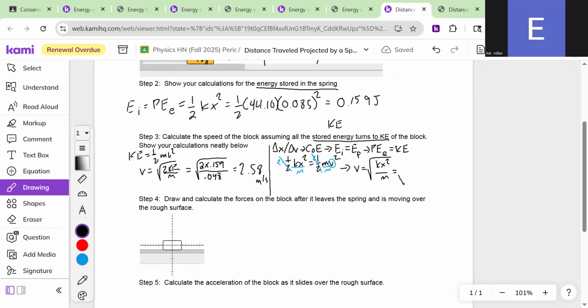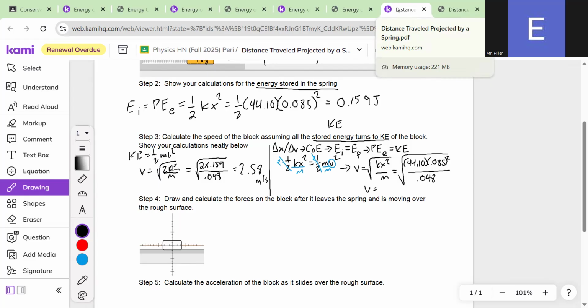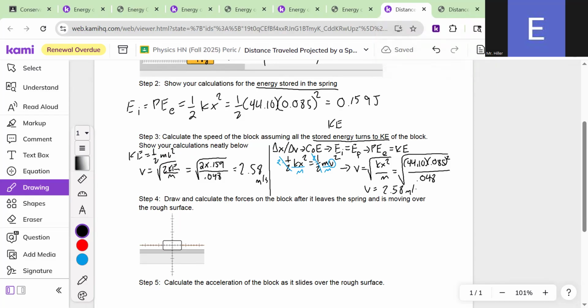So k was, I forgot, 44.1, okay, times x, which is 0.085 squared, divided by the mass, which was 0.048, and then I square root that. So we're going to go 0.085 squared times 44.1 divided by 0.048. Square root that, and sure enough, I'm getting the same speed, 2.58 meters per second.